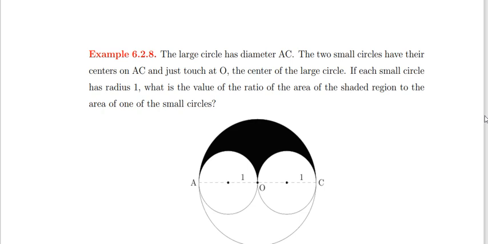For this problem, we want to find the value of the ratio of the area of the shared region to the area of one of the small circles. The small circle is very easy, with radius 1, so its area is just pi.